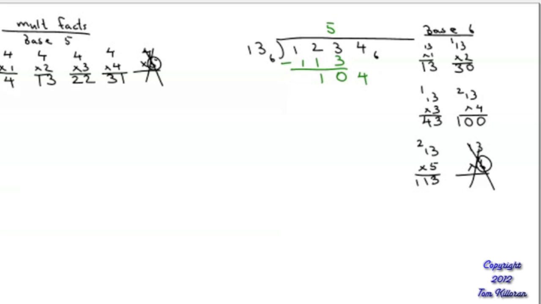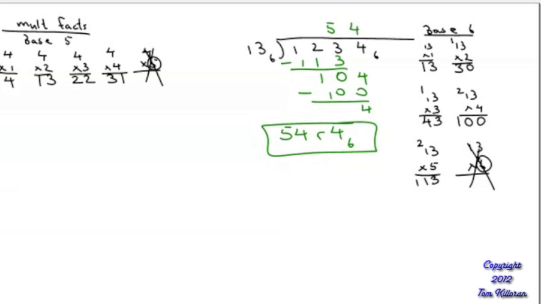Hey, this is nice. 1 0 4. Oh, this is too easy. 1 0 0. 1 0 0. And I subtract them and I get 4, because 4 minus 0 is 4 and 0 minus 0 is 0 and 1 minus 1 is 0. So this is 5 4 remainder 4 base 6.